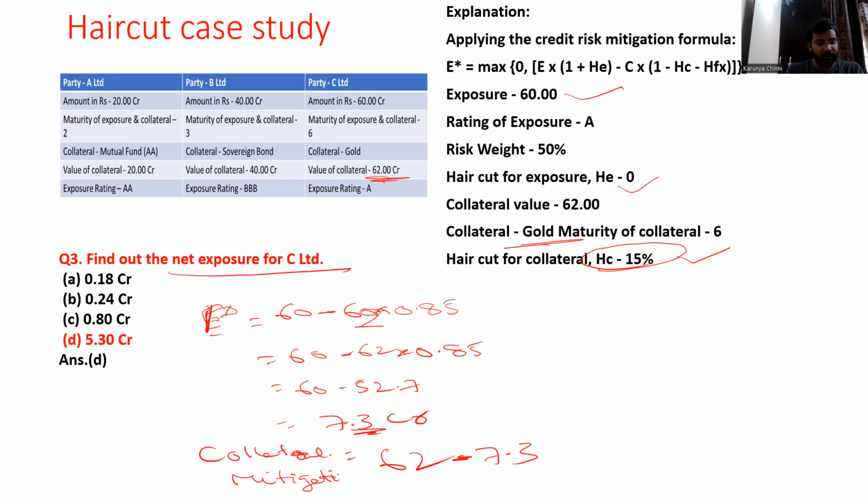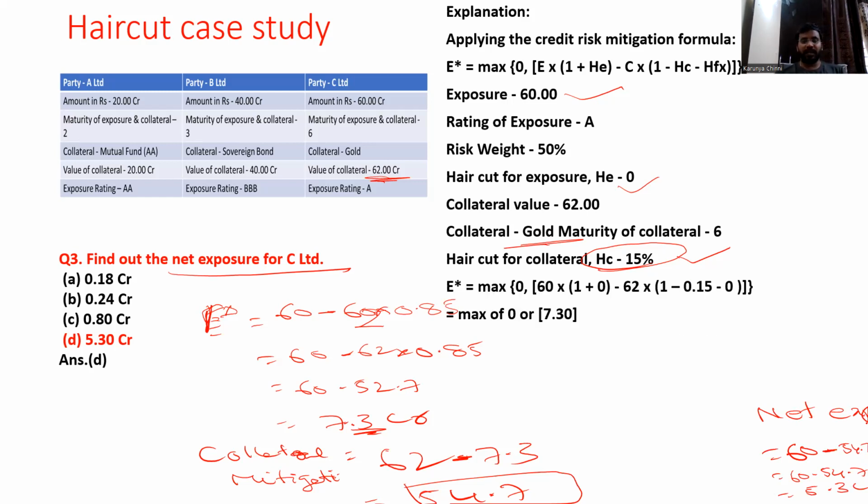So 62 minus 7.3 means 54.7. So what is the net collateral value? It is 54.7. Now what we have to calculate? We have to calculate net exposure. What is the net exposure formula? It is loan amount minus net collateral value, that is 54.7. So what is 60 minus 54.7? That is 5.3 crores.